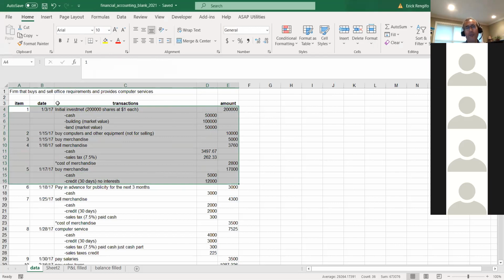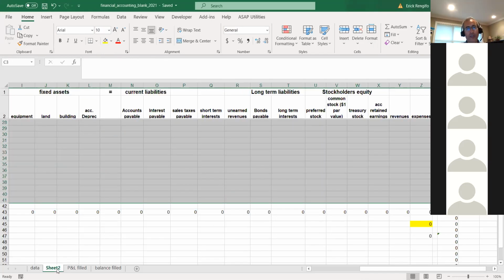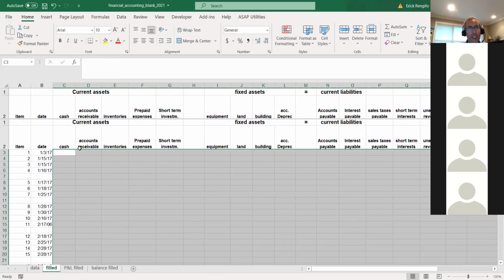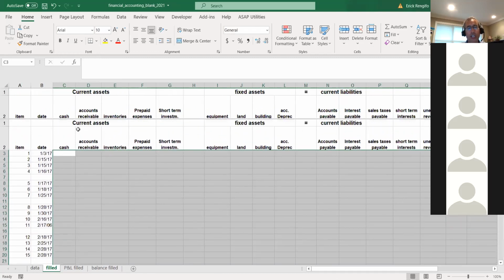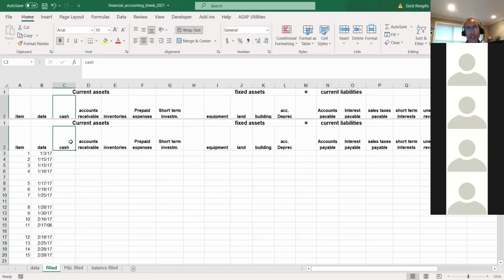If you go to sheet number 2, what I've created is all the accounts. So all the short-term assets are these ones here. You can put more as you need, but I created these because I know I would use them.